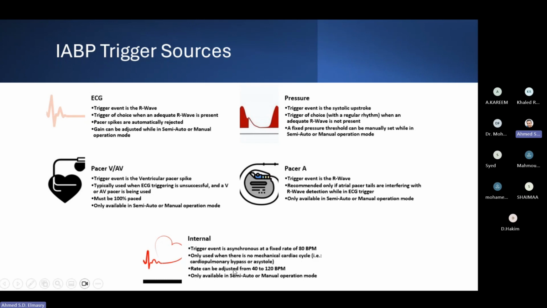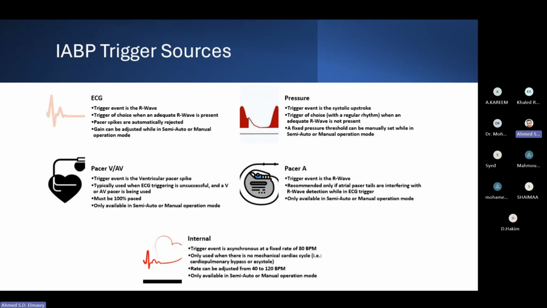Also in patients like those on cardiopulmonary bypass, because they are having cardioplegia, there is no electrical activity in the heart, so the intra-aortic balloon will use the internal mode to give a fixed heart rate to start the inflation and the deflation based on this fixed heart rate. It could be between 40 and up to 120 beats per minute, depending on the condition of the patient.